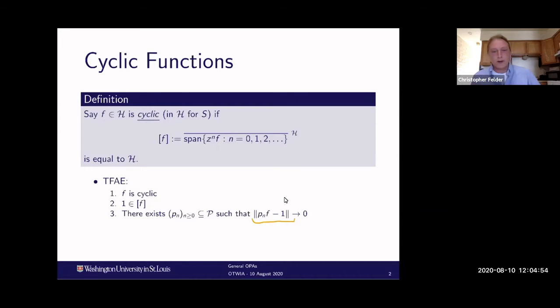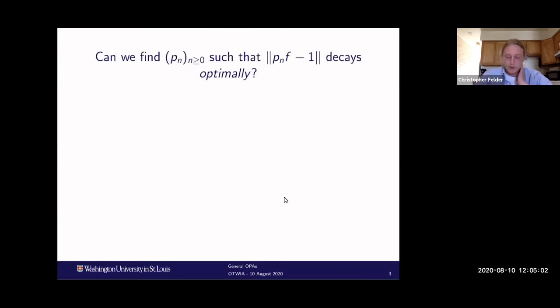This norm here is what we want to study. Maybe the first question one might ask is, can we find a sequence of polynomials so that this norm, Pn F minus 1, decays optimally?